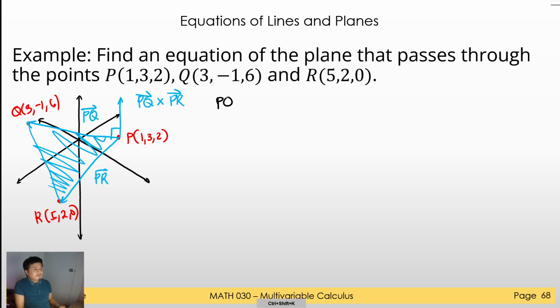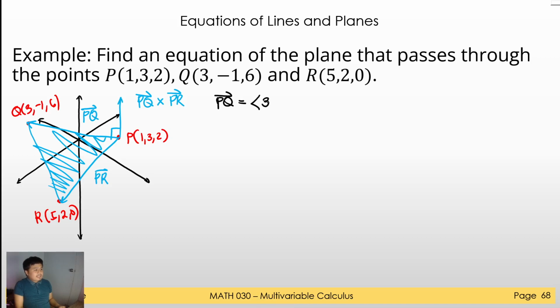To find the PQ vector, we want to find the difference between these 2 points. Actually, you have to write this 3 first. Since Q is the second, we have the formula: we want to make the right-hand side of this vector the positive one.